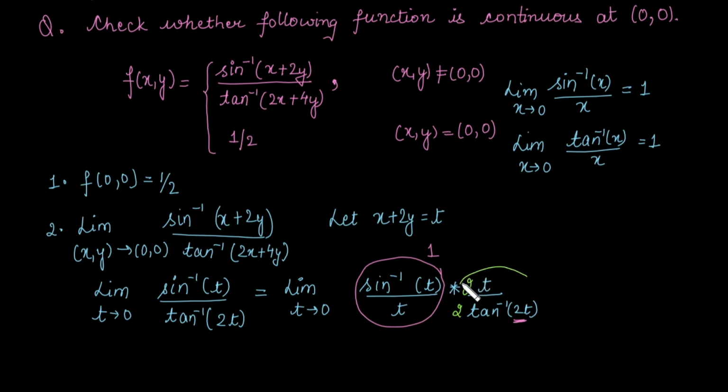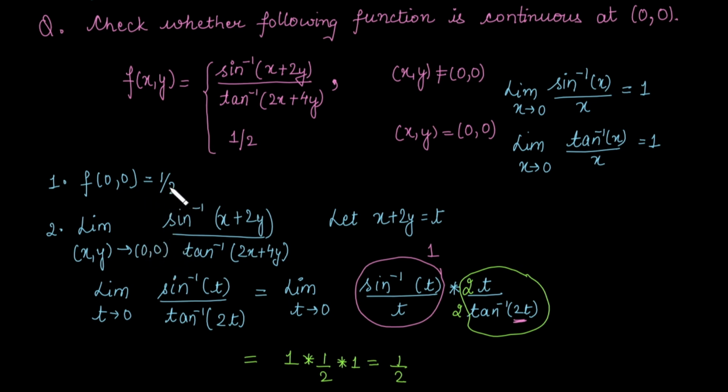Now in this case, this function is approaching to 1 whenever the t is approaching to 0. So this is equal to 1 times of 1 by 2 into 1. And hence this function is approaching to half as it is approaching to origin.